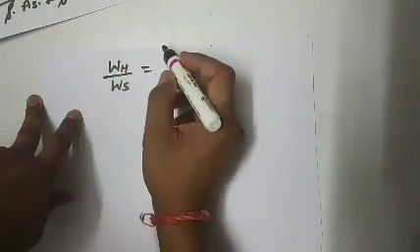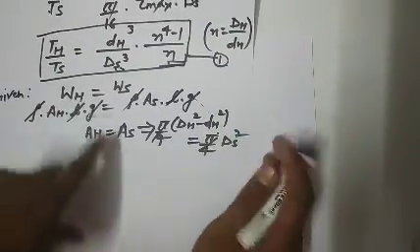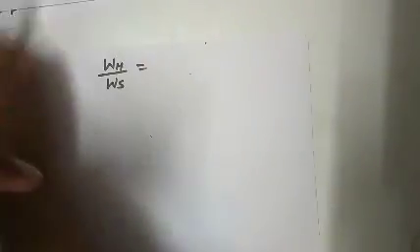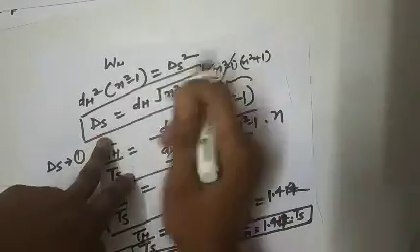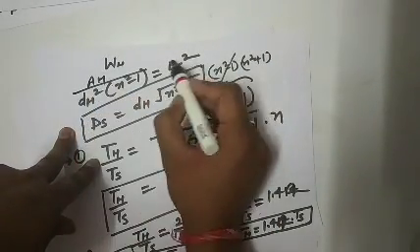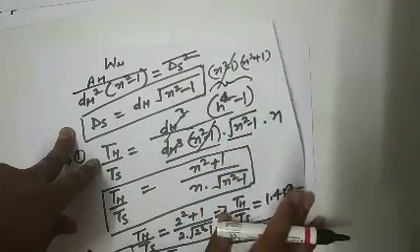In the previous comparison of strength, we found the area of the hollow section, and this is the area of the solid section when they both are compared, right?